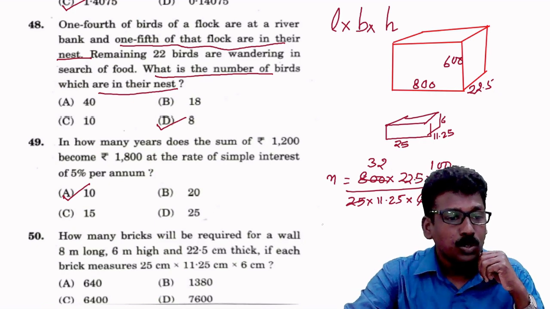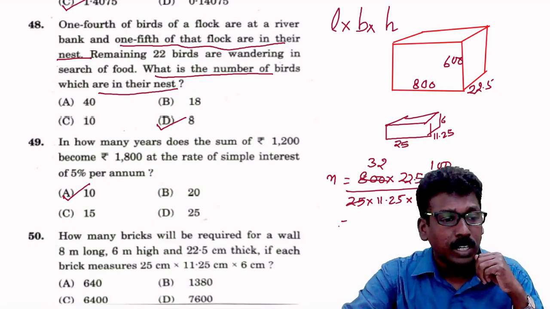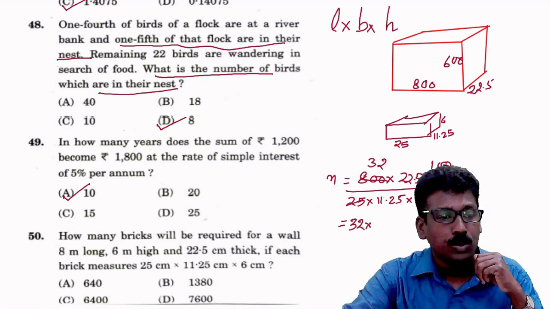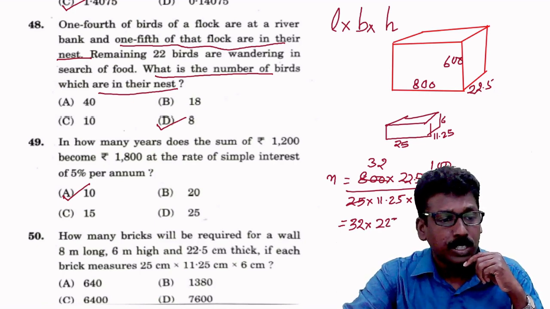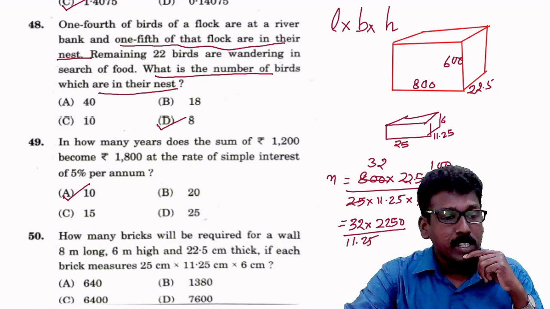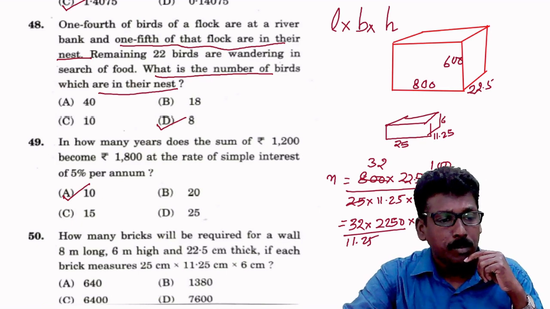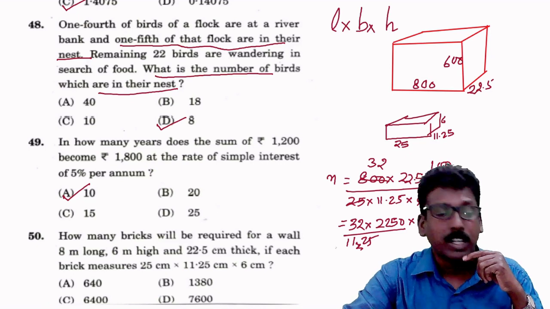Now 32 into 22.5 into 100, means 225 into 10, by 11.25. So 2 decimal places are there, you can multiply by 100 here. So it will become 1125.